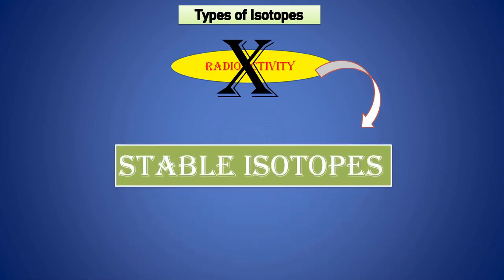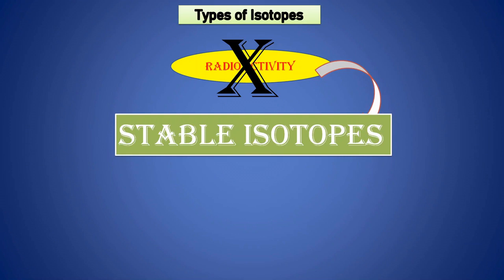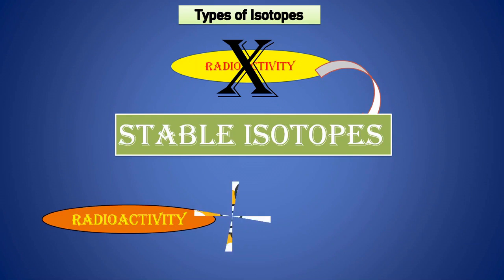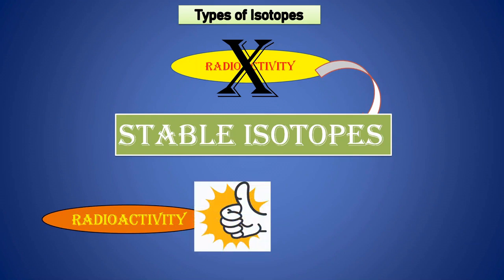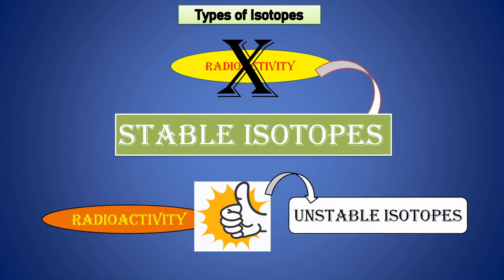So stable isotopes are those which don't possess any radioactivity. Some isotopes exhibit radioactivity, and those are called unstable isotopes.